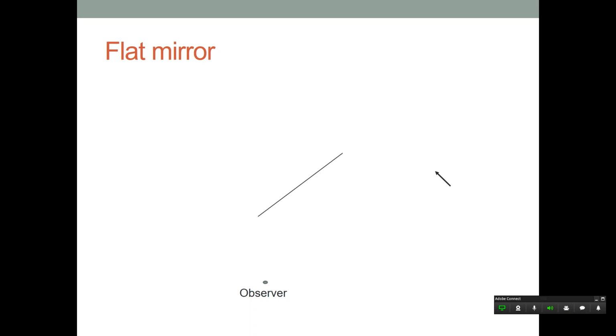I don't have a protractor, so forgive me if it's not perfect. This is going to be that, that. These are going to be the reflected rays. That's just roughly speaking.